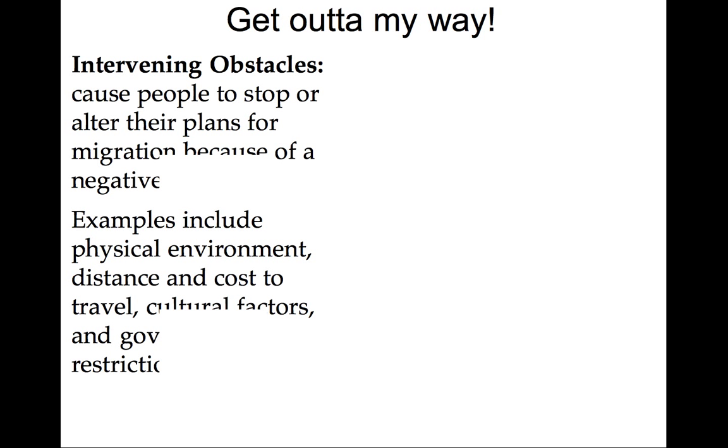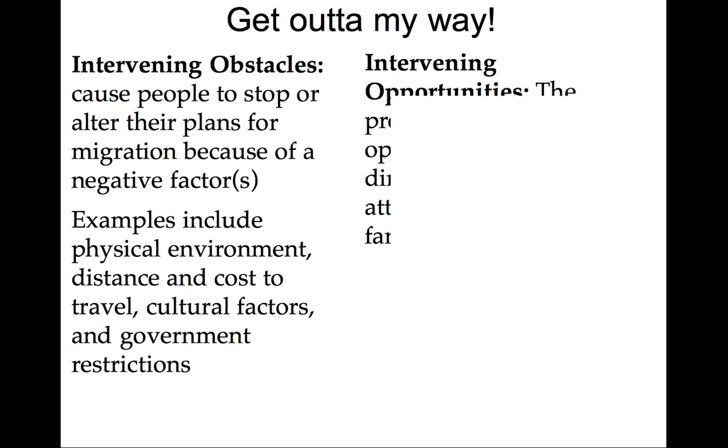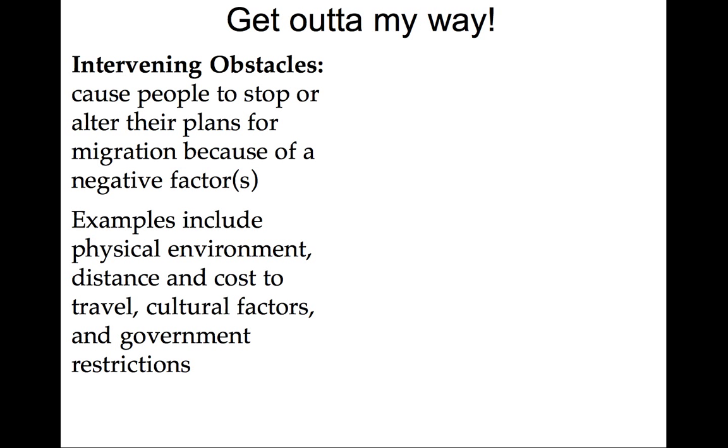So now when we're talking about migration and moving around, there are two things that can get in your way. So that's why I titled this slide, Get Out of My Way. We have intervening obstacles, and then we also have intervening opportunities. Intervening obstacles, key word is obstacle, something that stops you or gets in your way or alters your plans for moving. And obstacles usually have a negative connotation. So it's getting in your way because of negative factors. And there are many different types of intervening obstacles.